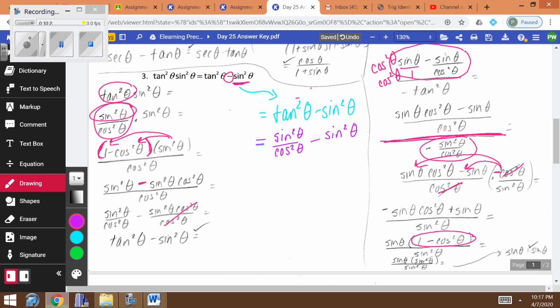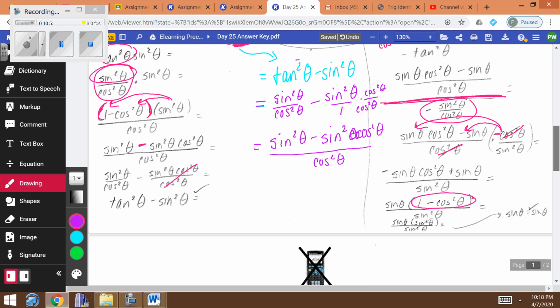And again, we want things to be multiplied. So that means I want to combine this into one fraction right now. So I'm going to multiply numerator and denominator by cosine squared, so that we have a common denominator. So sine squared minus sine squared times, oops, forgot the theta here, times the cosine squared, over cosine squared. Okay, so now we've got this here for us.